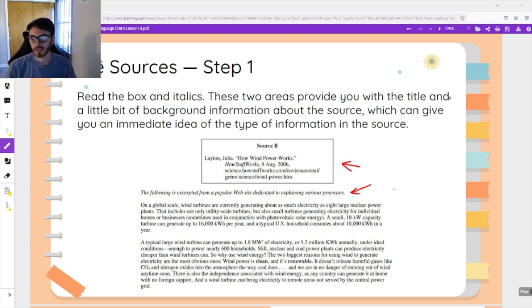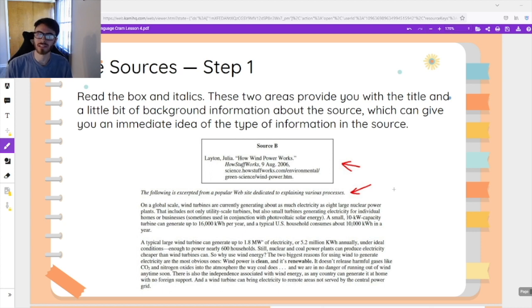So source B is Julia Layton, How Wind Power Works, from How Stuff Works, August 9th, 2006. And it says the following is excerpted, I always struggle to say that word, excerpted from a popular website dedicated to explaining various processes. Okay, so we've read that, and from that we can tell we're dealing with an explanation here, right?